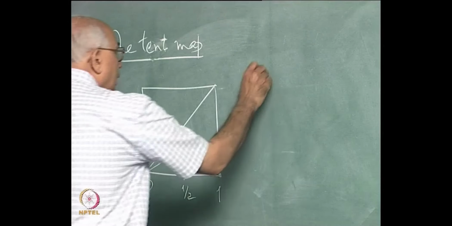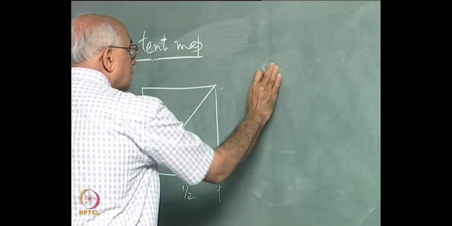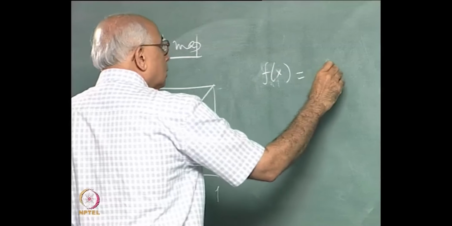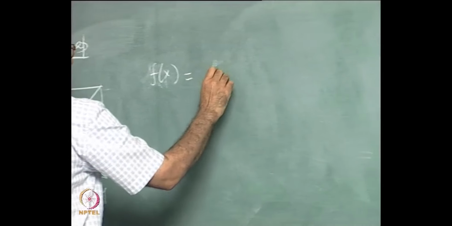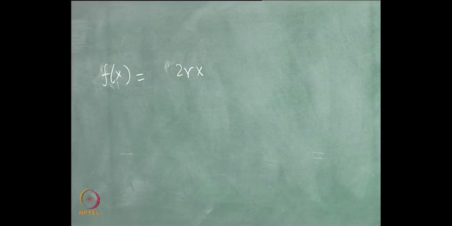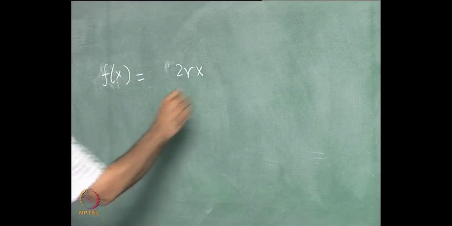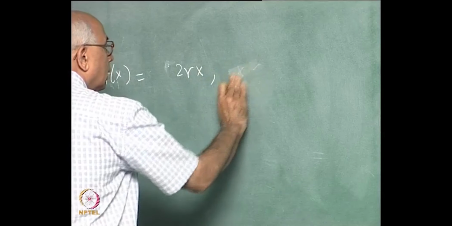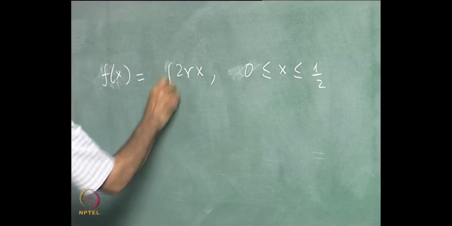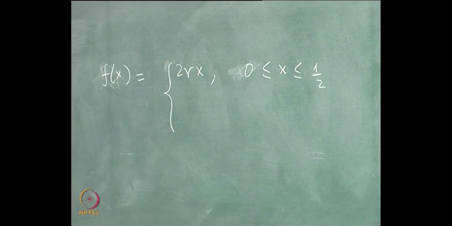So we have x n plus 1, or f of x in this case, the map function is equal to, depends on what you would like to call r, so let us call this 2r x with slope 2r at the origin for x, 0 less than or equal to x less than or equal to half, and what is the rest of this equal to?